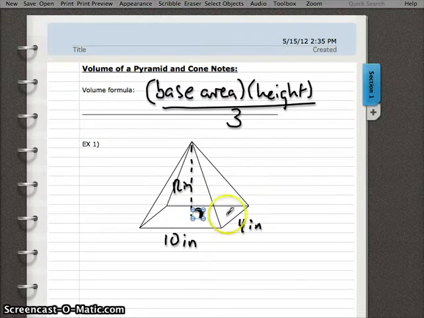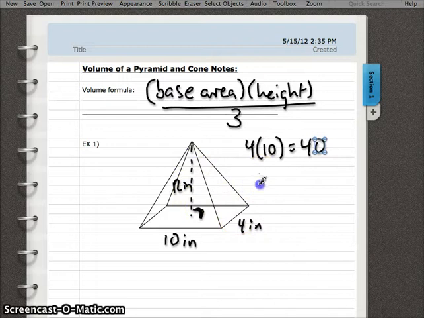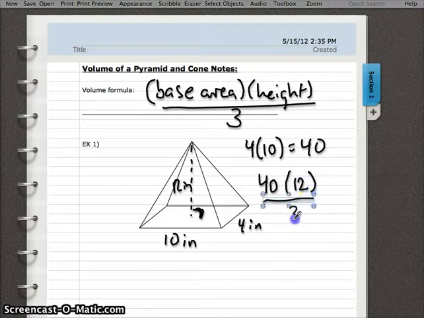Alright, so we got everything we need. We got our length and width of our base here. We can find the area of the base pretty easily. 4 times 10 would give us that. And we're given the height, so base area times height. If we divide that by 3, we get our volume.